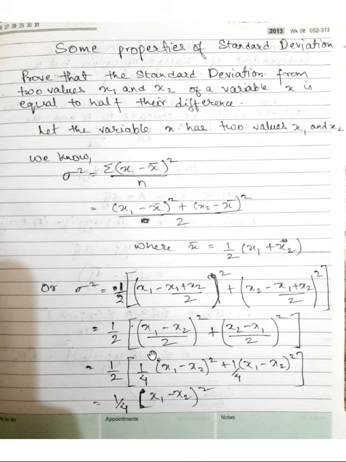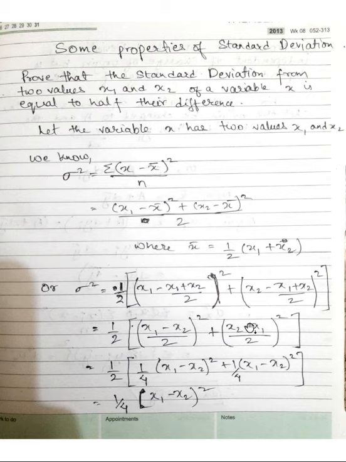Now if we take out 2 from here, since it is 1 by 2 square, it will be 1 by 4, that we write here 1 by 2 into 1 by 4 into x1 minus x2 whole square. Again we take this 2 out, we get 1 by 4, but here what we have done is x2 minus x1 whole square we have written as x1 minus x2 whole square, which is the same thing.